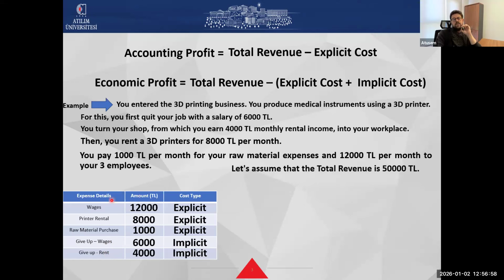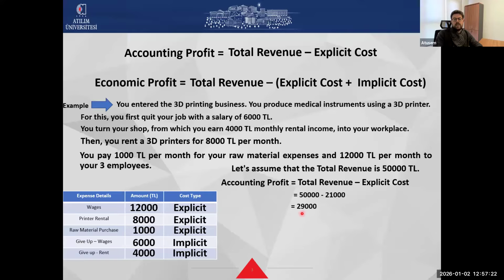And let's assume that total revenue is 50,000 Turkish lira. This is total revenue. So for finding accounting profit, total revenue minus explicit cost. Explicit cost is 12,000 plus 8,000 plus 1,000.